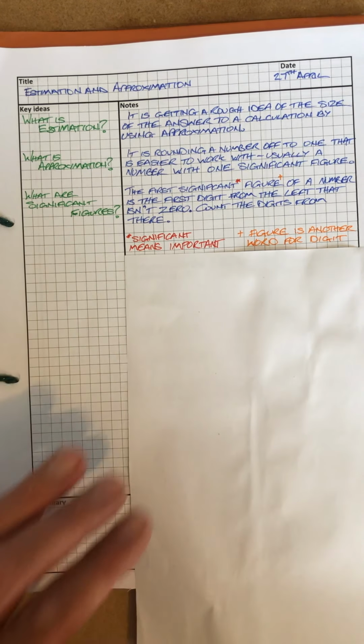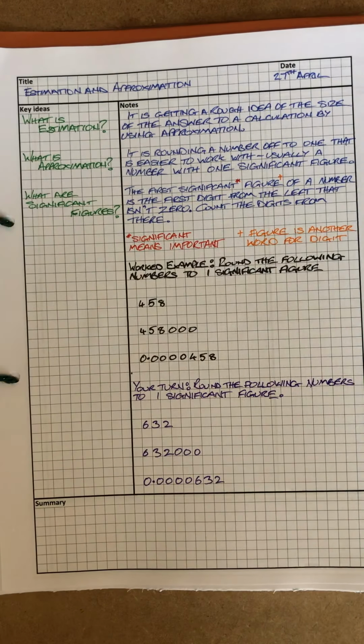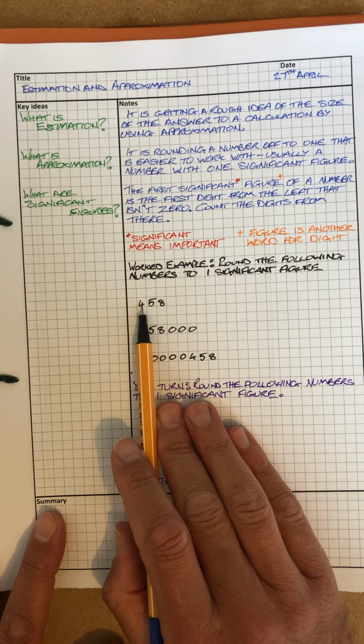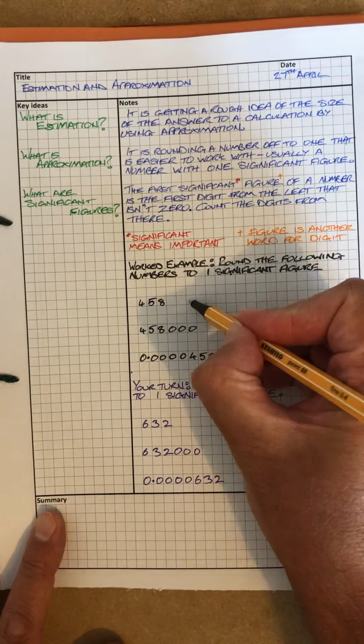Let's look at it in use. It'll all make more sense then. So let's round these numbers to one significant figure. This is the first non-zero digit, the 4. So I'm going to keep the 4.